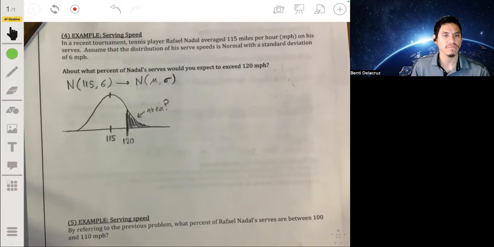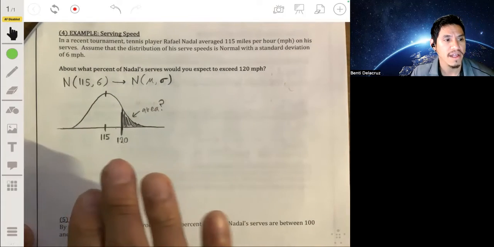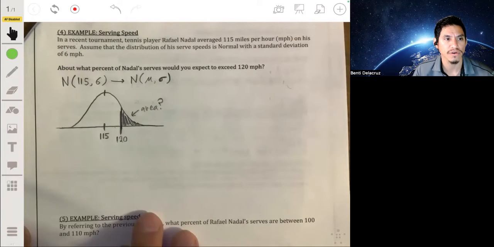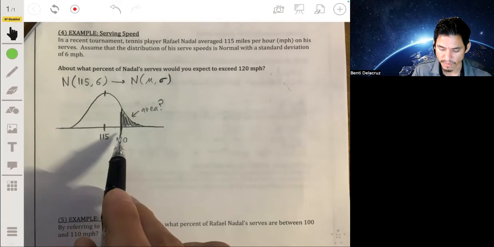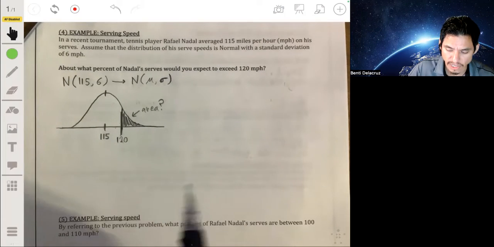That's our goal. So for that, we're going to standardize his value and then use the standard normal distribution to figure out the area to the right of the z-score that corresponds with this value of 120.